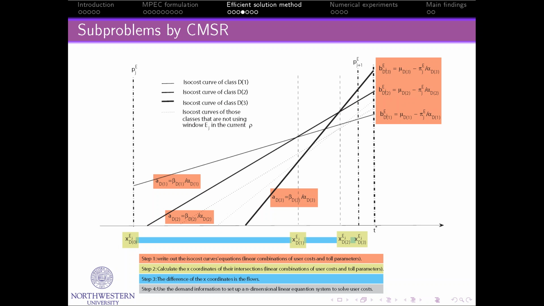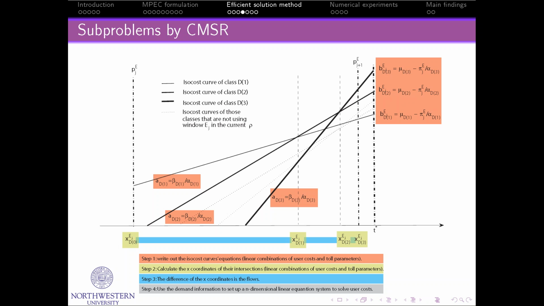Now we know the user demand of all the user classes. By adding all the flows of one user class across all the arrival windows, we can get the demand. So now we can get one equation for each user class, which on the left-hand side is the user demand, which we know is a number, and on the right-hand side is a linear combination of user costs and toll parameters.